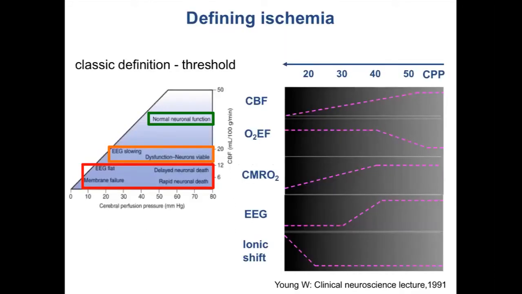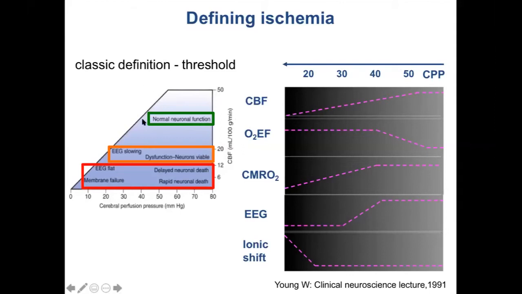A key for neurocritical care patients is the definition of ischemia, because we have two approaches. In this slide, you see the classic definition, which is based on a threshold. When the blood flow is below 18-20 milliliters per 100 grams per minute, usually this is the classic threshold for ischemia and stroke.